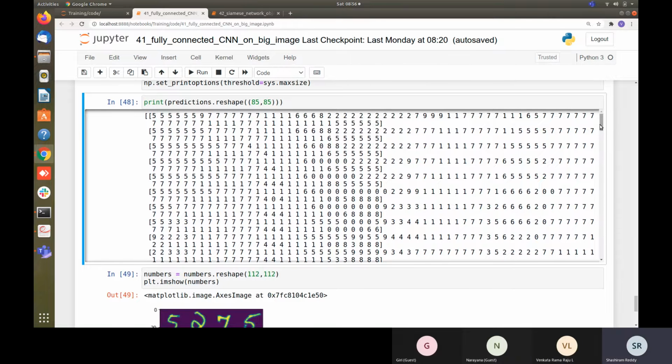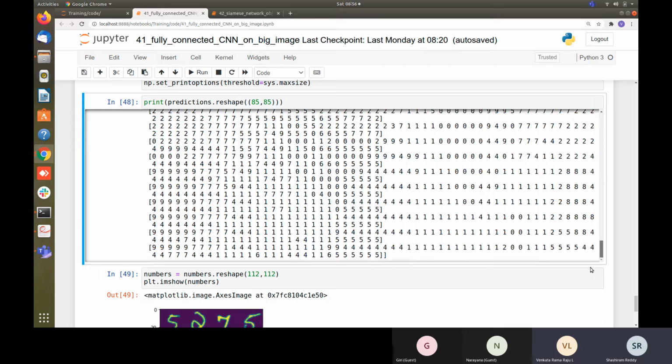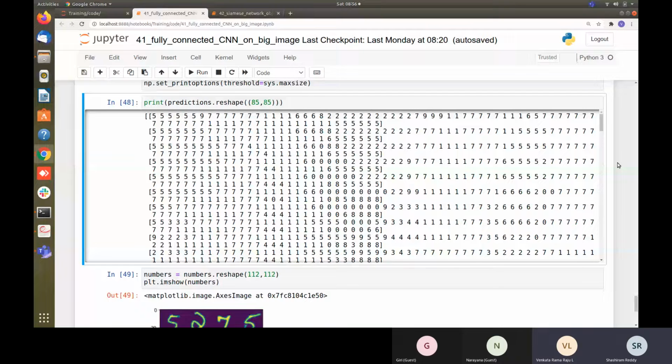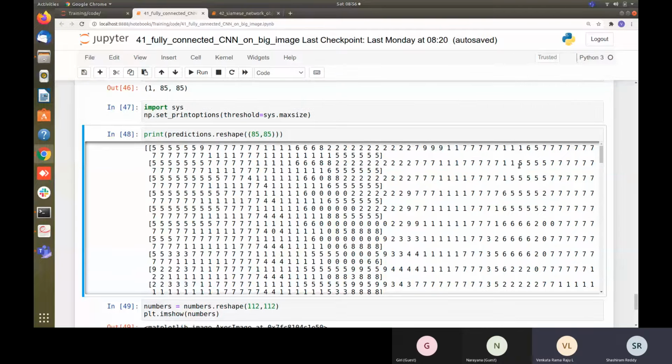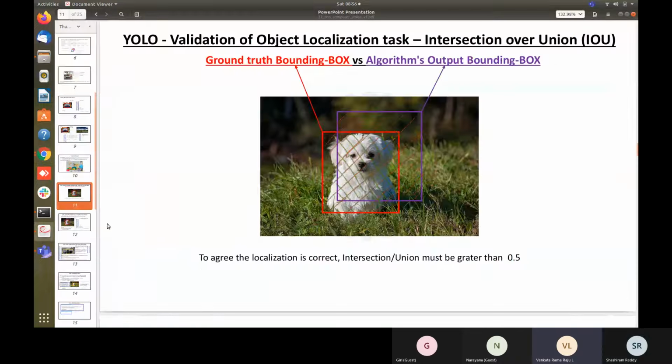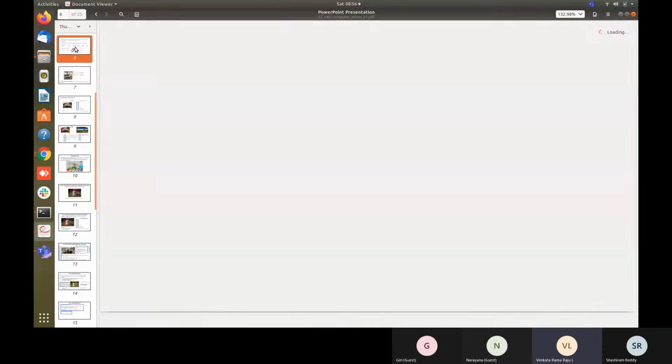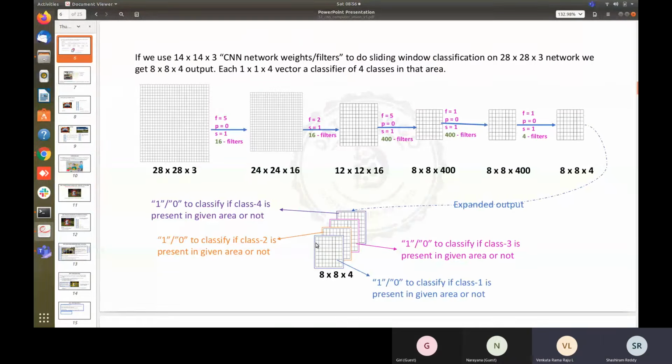One single 8 by 8 matrix can contain, maybe in consecutive 3 cells, elephant only. But you need to take the best one out of these 3, or maybe out of all these 6 it may find elephant.